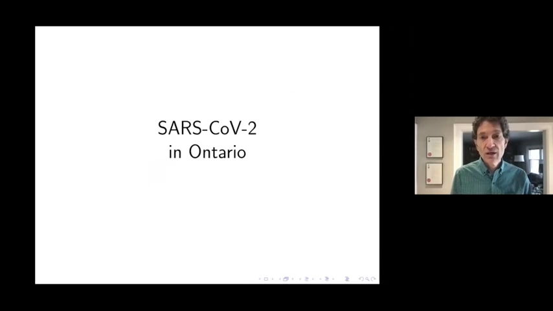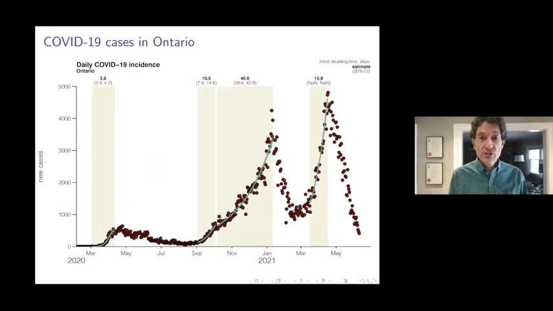Okay, so I'm in Ontario. We've been doing a lot of work, in particular, trying to help the Ontario government understand what's going on and what policies might be helpful. So here is the pattern of the epidemic in Ontario with the growth rates, with the fits of initial growth and doubling times on top.